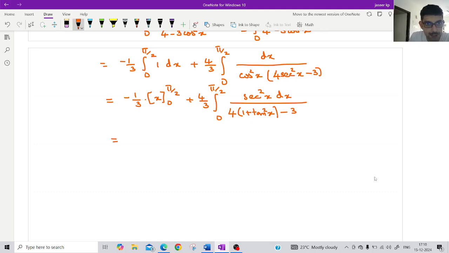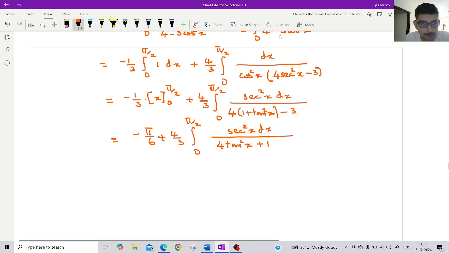So the first part, if you apply the limit, it will come as minus pi by 6, lower limit is 0, plus 4 by 3. Now further simplifying this, it will become secant square x dx by 4 tan square x plus 1, that is 1 plus 4 tan square x.